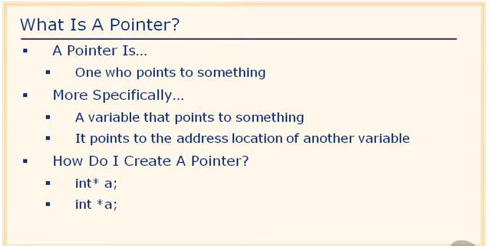Now let me show you this right quick before I go into that. I can also put the asterisk closer to the variable itself, to the a. Either one of these are completely legal ways of going about creating a pointer. All right? The only general rule out there is do it consistently in your code. So pick one of these that you like for whatever reason and stick with it.